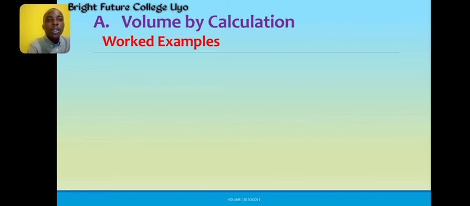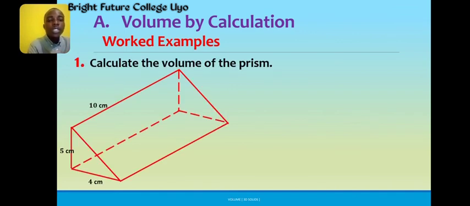Now, calculate the volume of the prism. Look at the prism we have here. Of course, you should know that this corner, even though it isn't there, is 90 degrees. So this is a right angle. Look at this face here, it is the same as this face here.